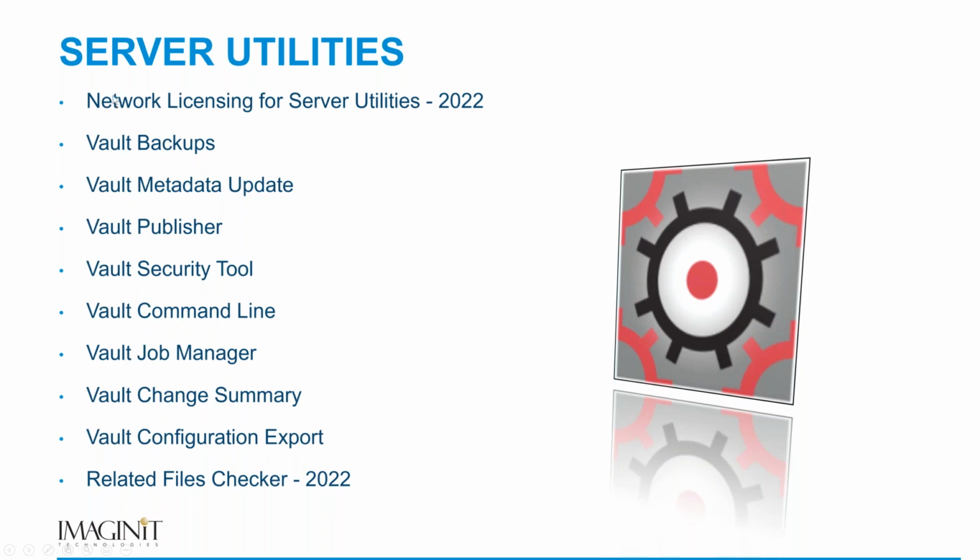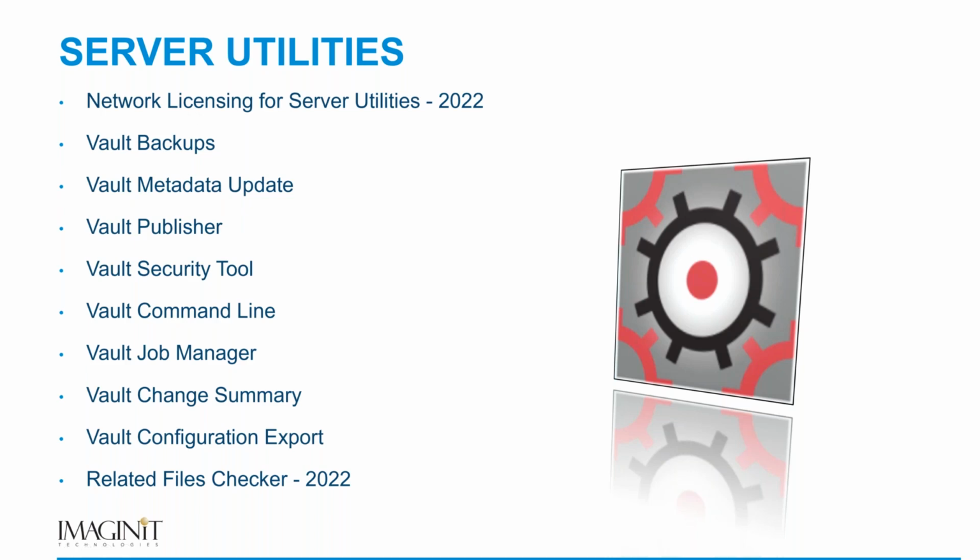If we have this installed on our server, which we'll talk about in a minute, manning our backups, maybe your Vault administrator also wants to have it installed so they can run the Vault metadata update from their local machine. Now you would need 2 licenses, or we could have a network license where we pull from the same license pool. So that's our network licensing for server utilities 2022.